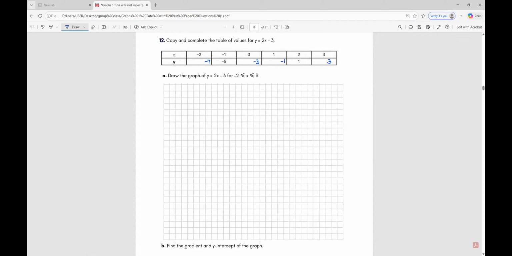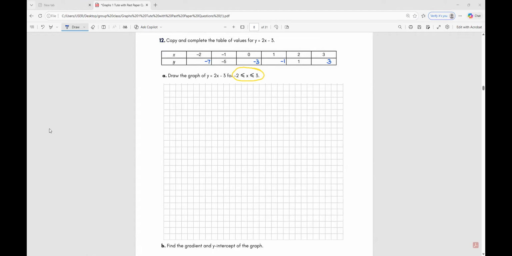The meaning of this given range is, if they haven't given us this table, we need to select some values for the x coordinate. When we are selecting x coordinates, we need to select in this range, minus 2 to plus 3. That's why they have given a range.